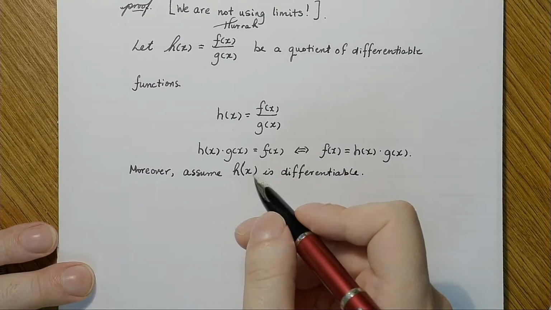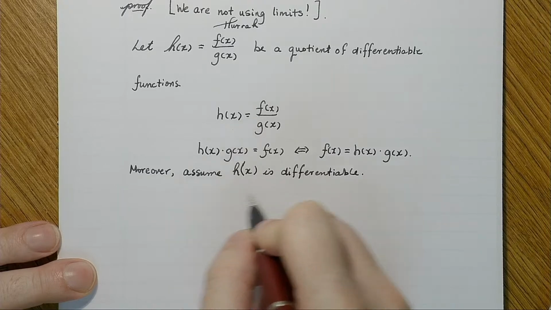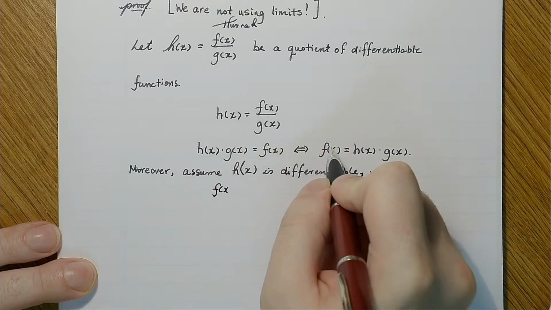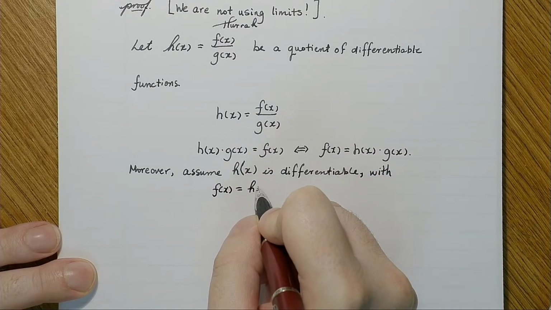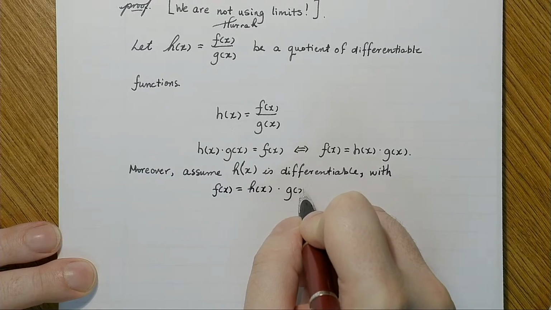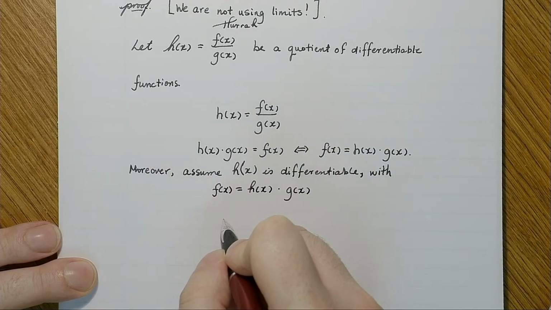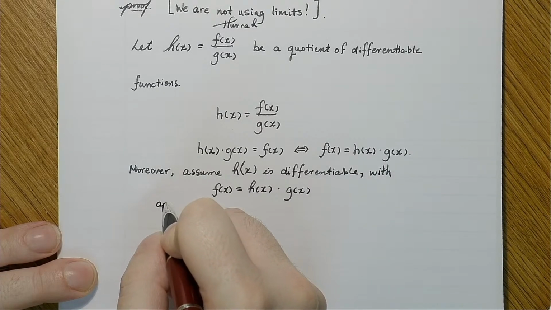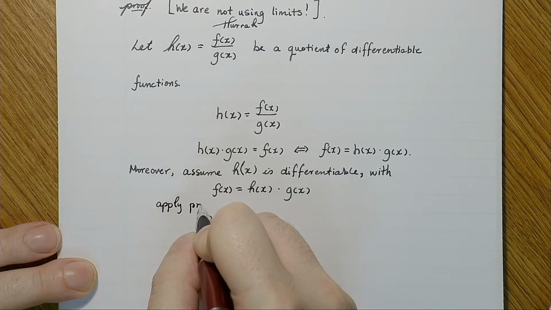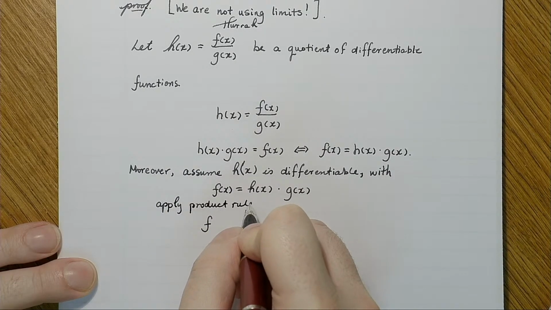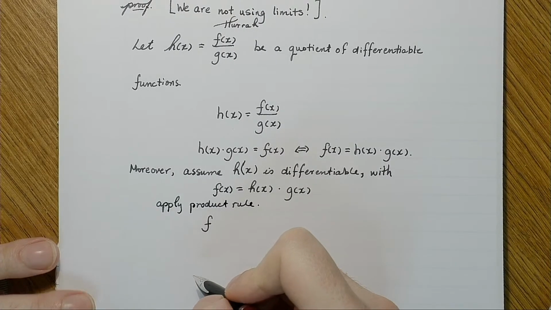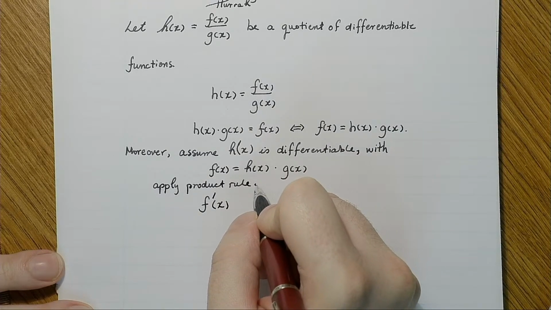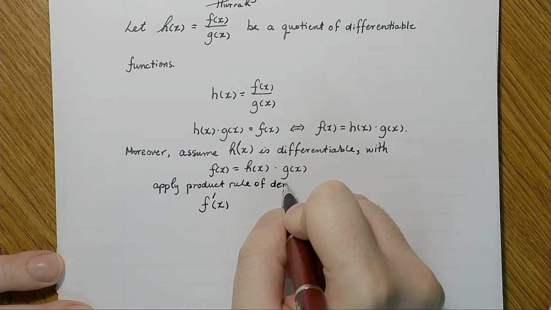Then, with this function that we have right up here, so we have f of x equals h of x times g of x, we're going to apply the product rule of derivatives.